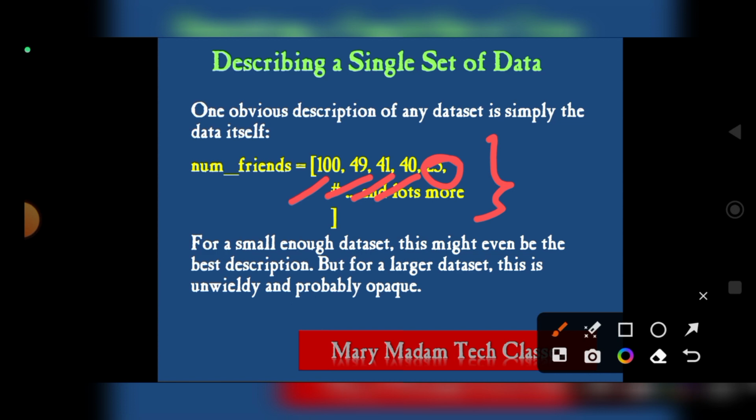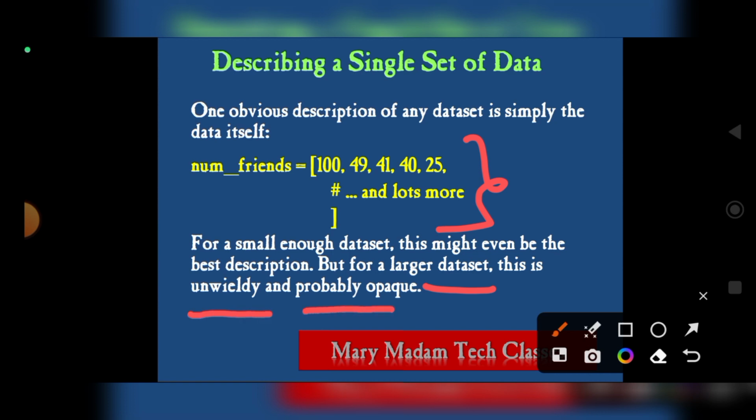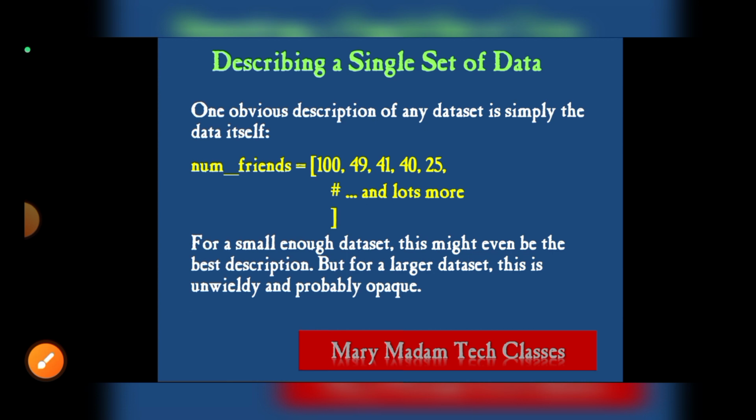Here, it is easy to calculate with these small values, but for a larger data set, it is difficult. So, this is unwieldy and probably opaque to describe the data.